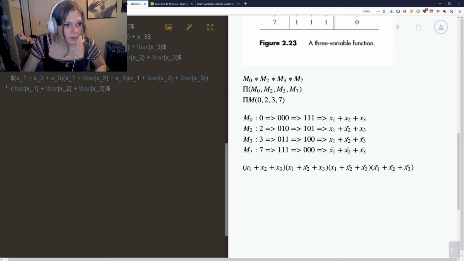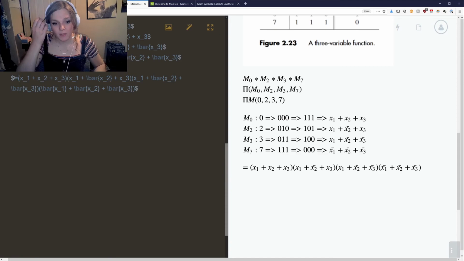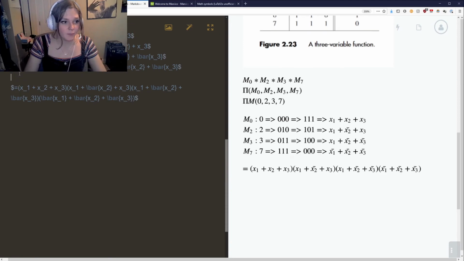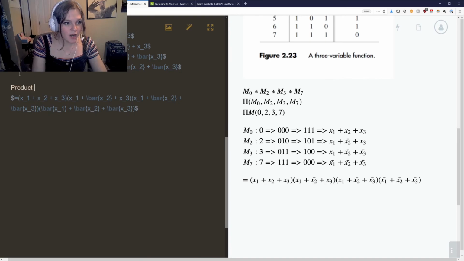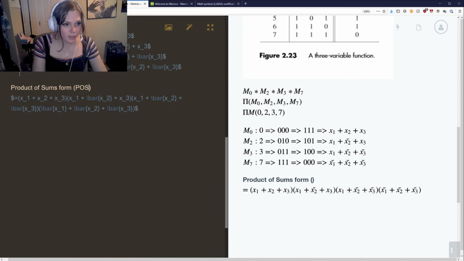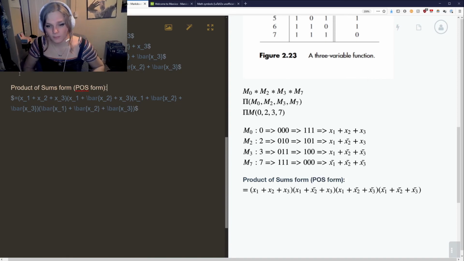So that is our final Boolean equation for that truth table that we saw above. And this is in product of sums form. Remember that, that's important. This is product of sums form, or POS form, of this Boolean equation, of that truth table.